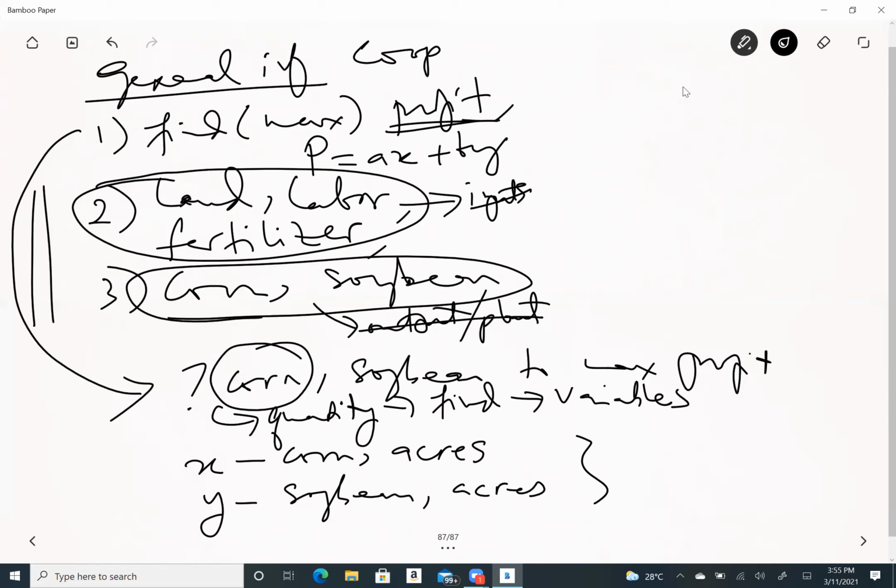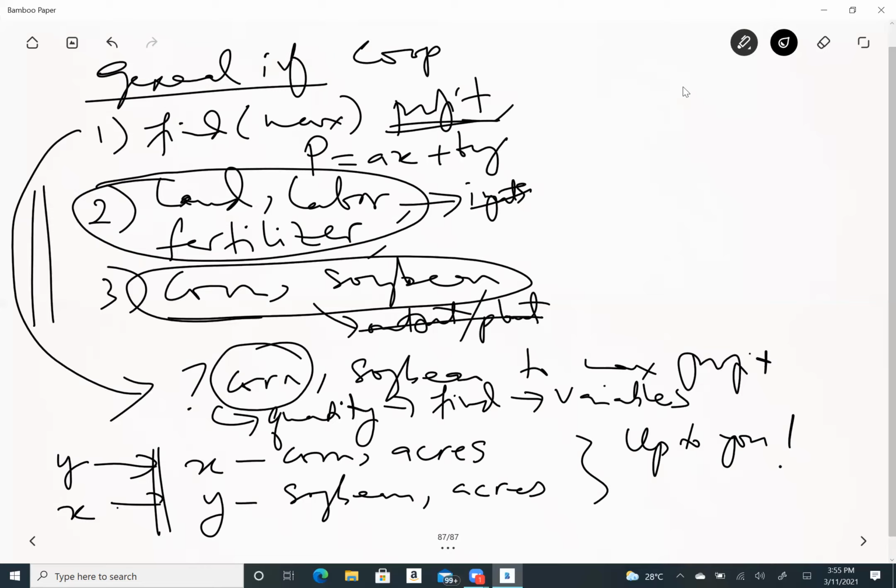Now, when you assign X and Y, it's up to you. You can say Y is corn and X is soybean. It doesn't matter, because this is your choice. It's up to you because it is not stated. You will say X for corn and Y for soybean, unless the problem says that X should be a particular variable.